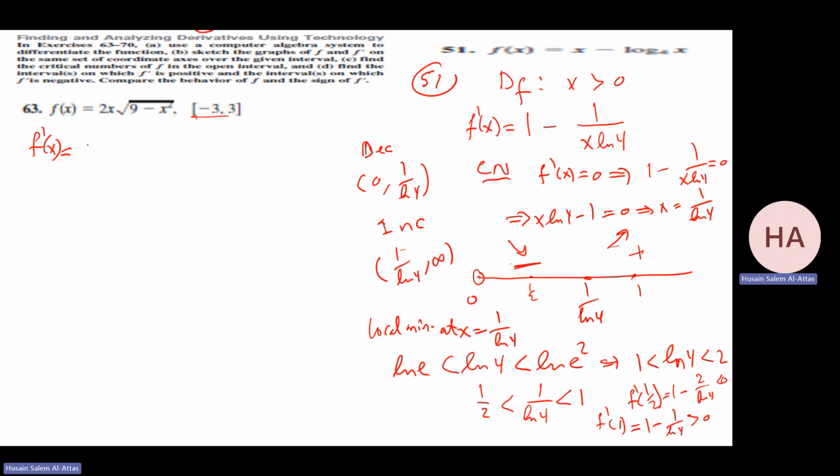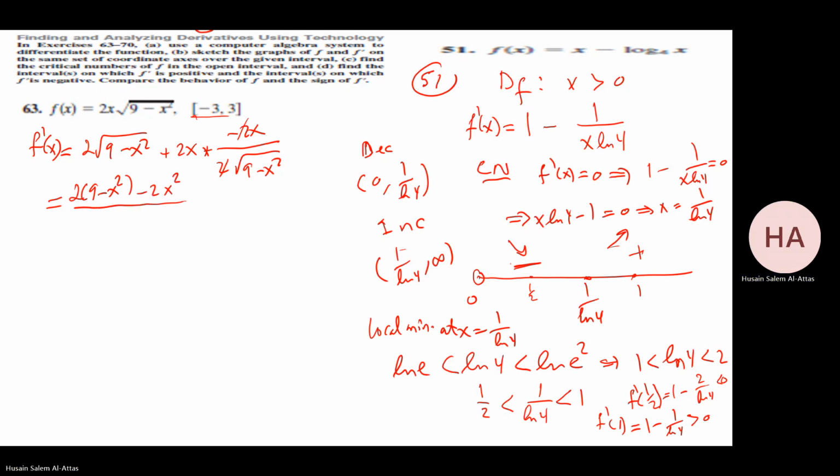Will be 2 square root 9 minus x squared, product rule, plus 2x, 2 square root 9 minus x squared, here minus 2x. So these two cancel with this. So I have 2 times 9 minus x squared minus 2x squared over square root 9 minus x squared.